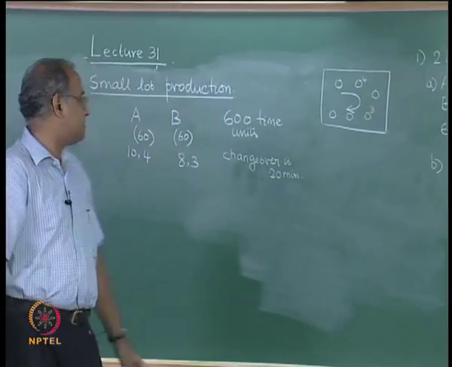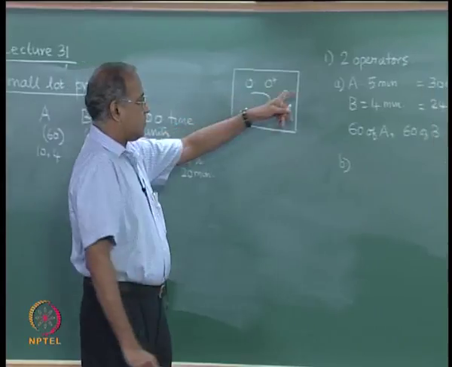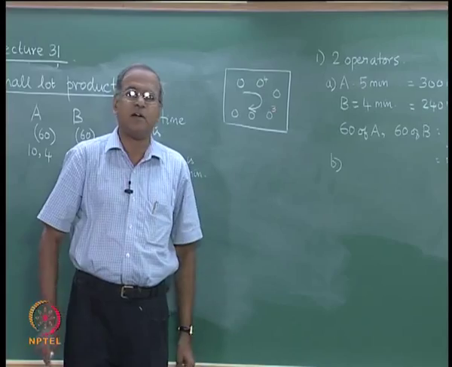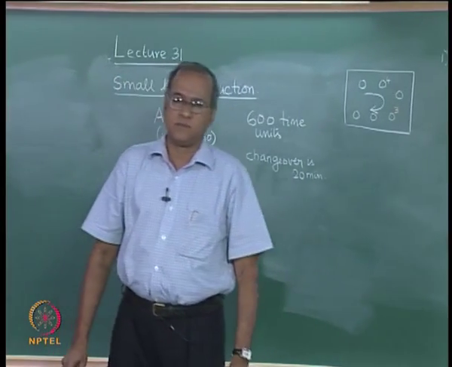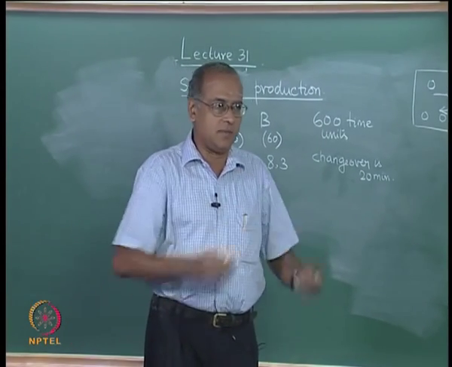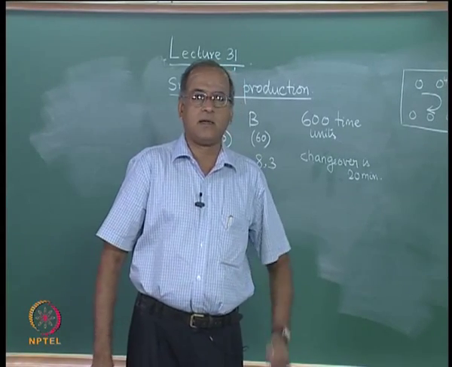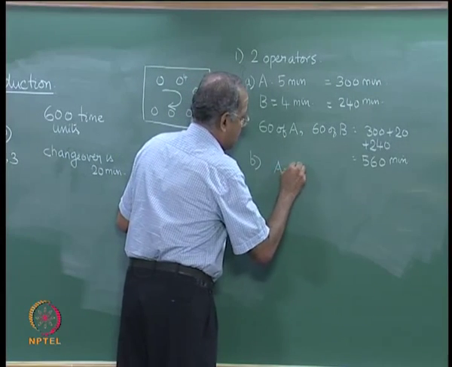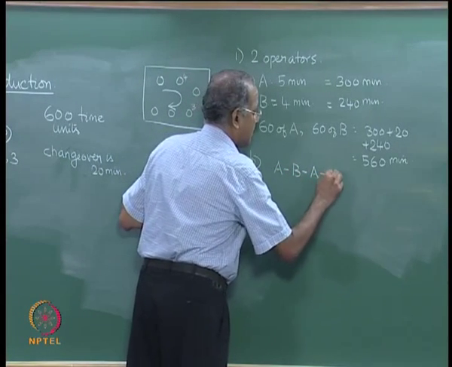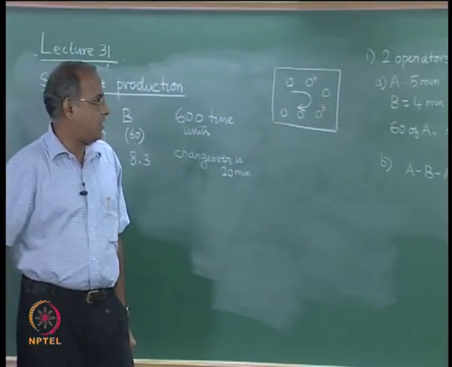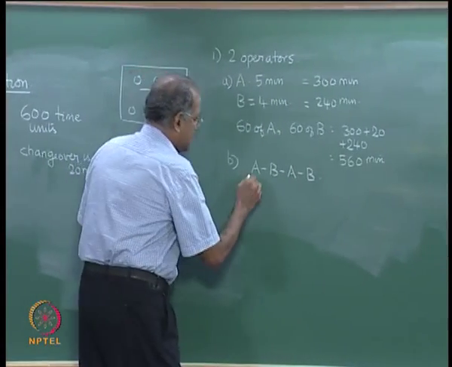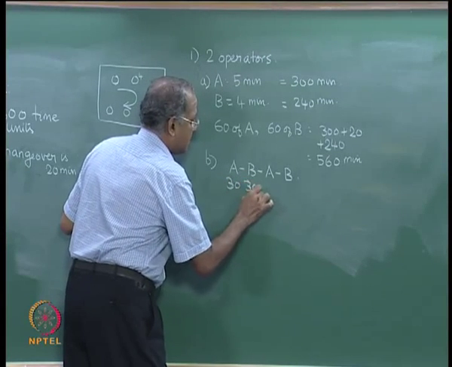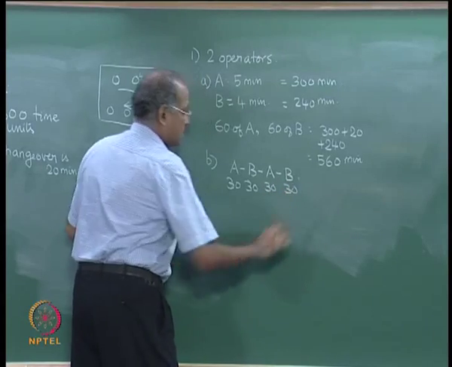Now, with 2 operators working for A and B, we require a processing time of 540 units. So, 60 units are available with which we can make 3 changeovers. So, we can now produce A, B, A, B, and if we do that, the production batches will be 30, 30, 30, 30.